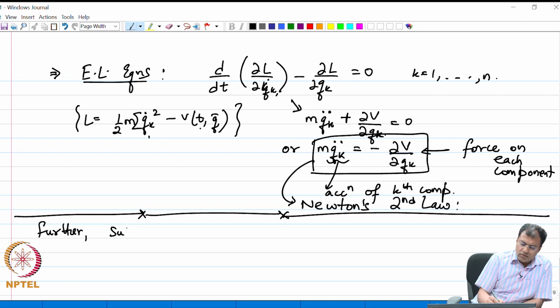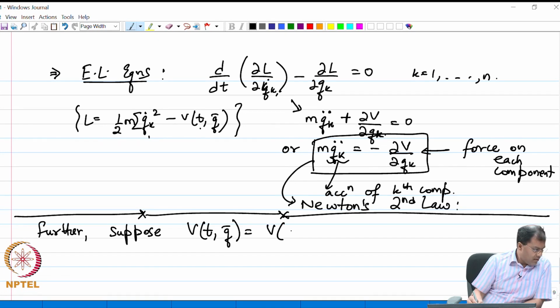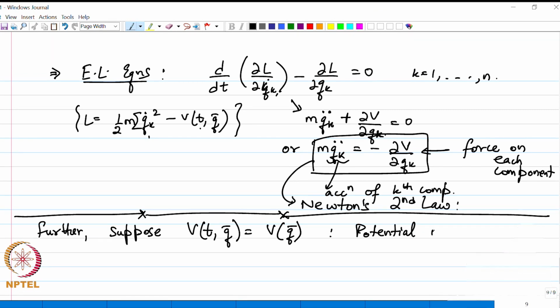Further suppose I have that V of t comma q bar is equal to V of q bar, right, which is a potential independent of t, and we see that in this case L, my Lagrangian, will also be independent of t. So, L is independent of t, right.